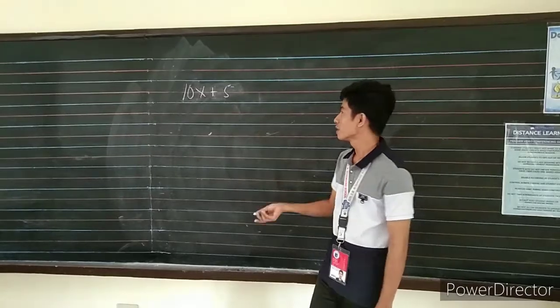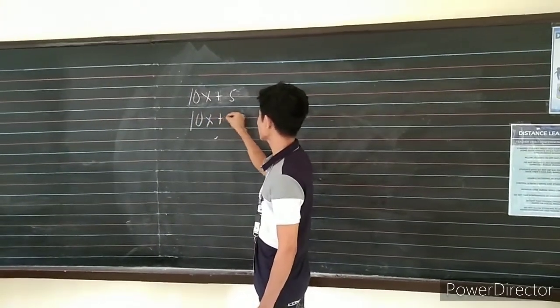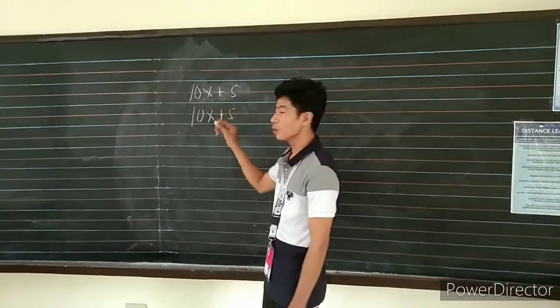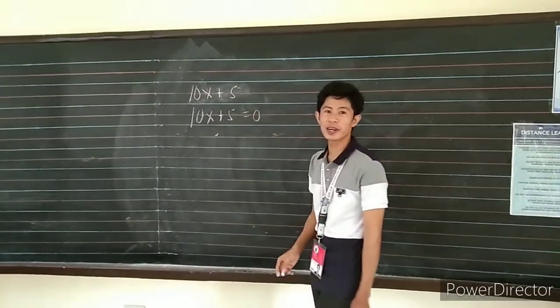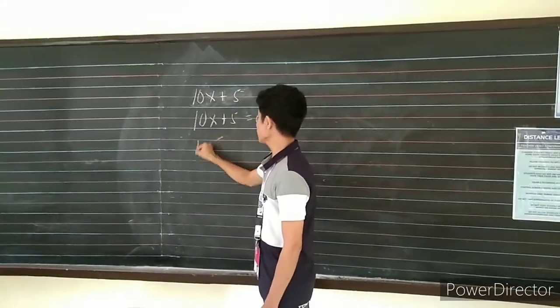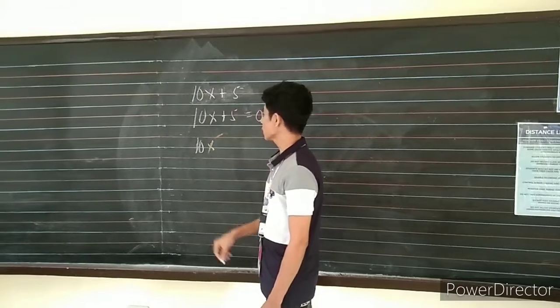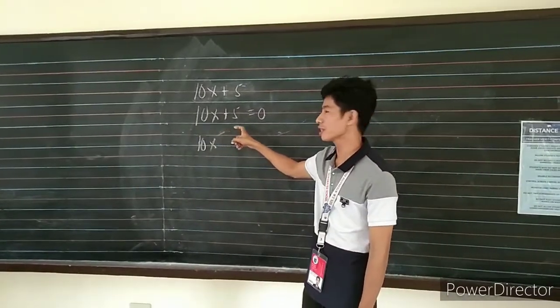equal to 0. So again, we're just going to copy 10x plus 5 and then equate it to 0 and then solve for the variable x. Okay, the first step is to separate the term with variables and the term with the constant.